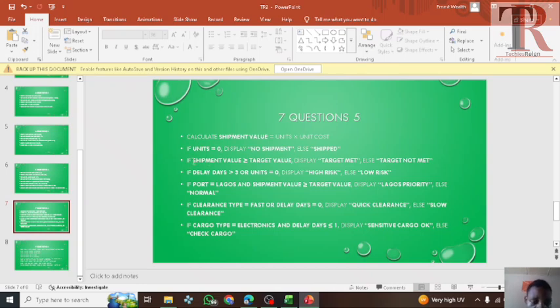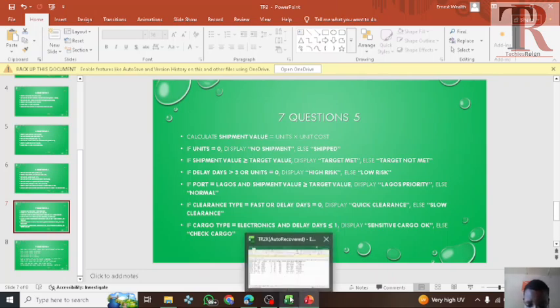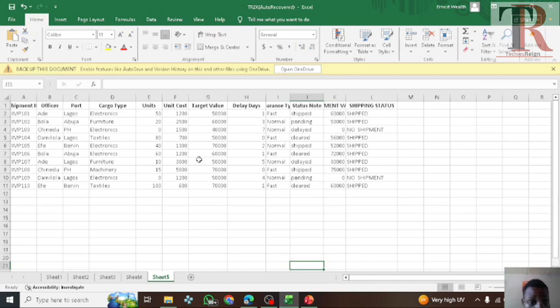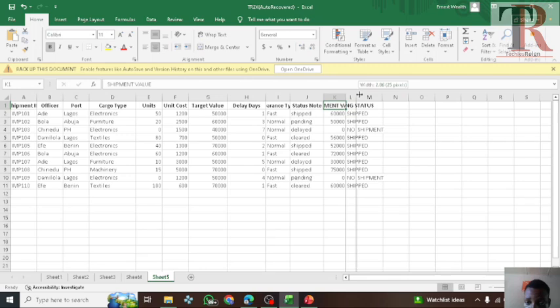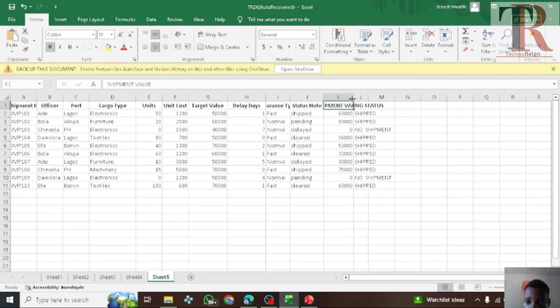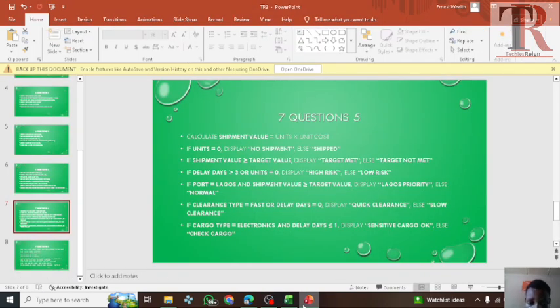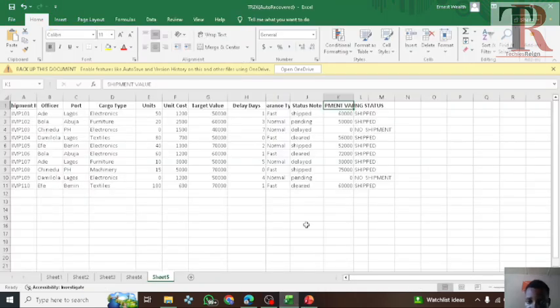And for the third question, if shipment value is greater than or equal to target value, display target met, else display target not met. If this shipment value, which is this one that we just calculated, is greater than the target value, then display target met, else display target not met.